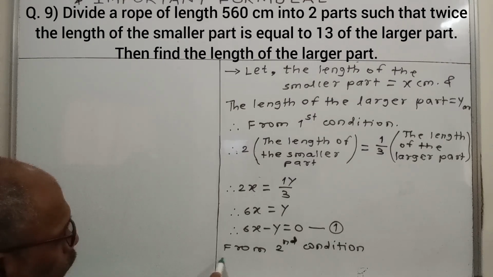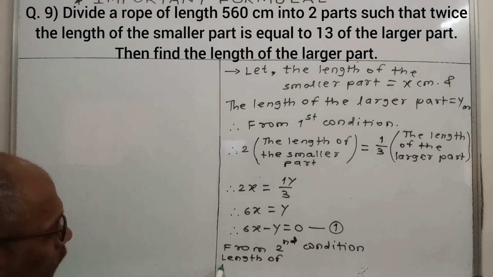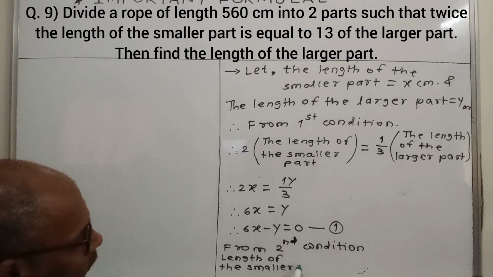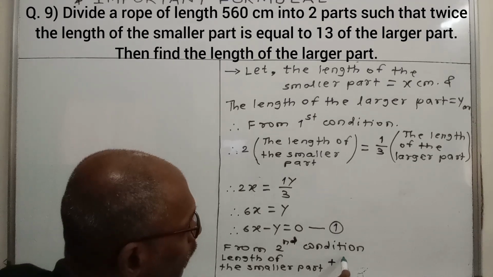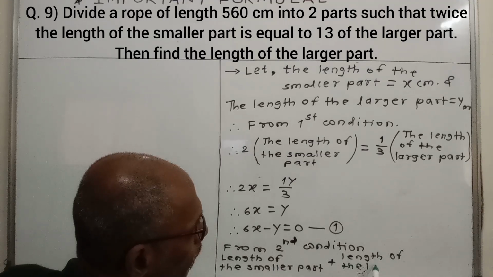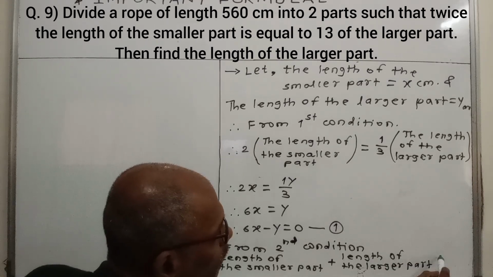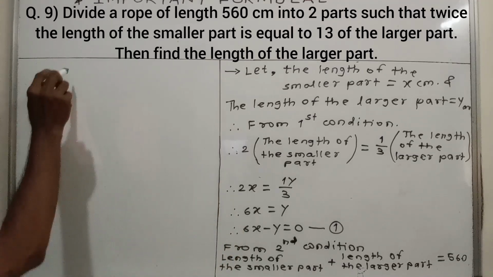So we write here: length of the smaller part plus length of the larger part is equal to 560 centimeter.